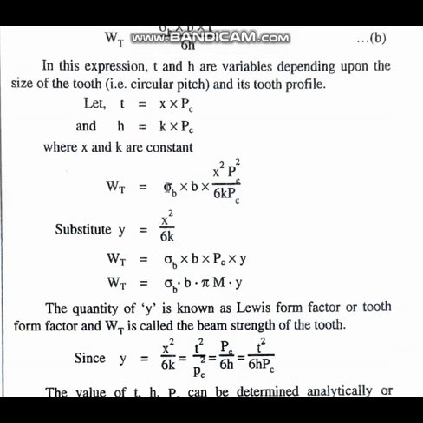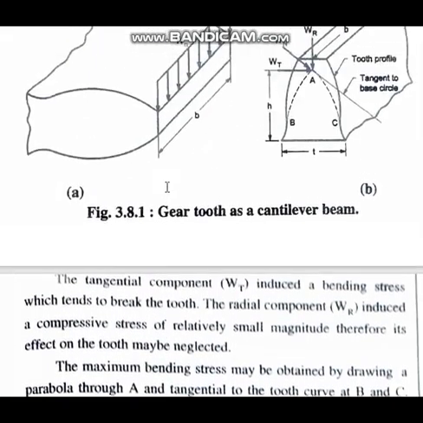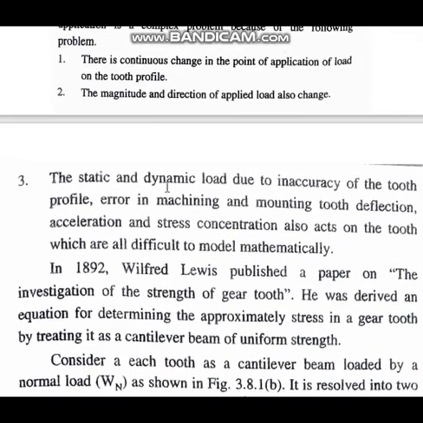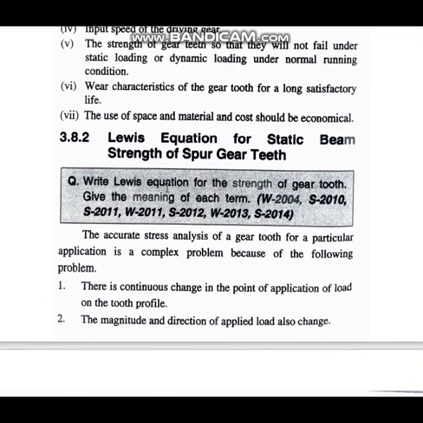This is the way of finding out and estimating the bending stress involved, and then whether the tooth can withstand it or not. We can say we are designing the spur gear using the Lewis equation.